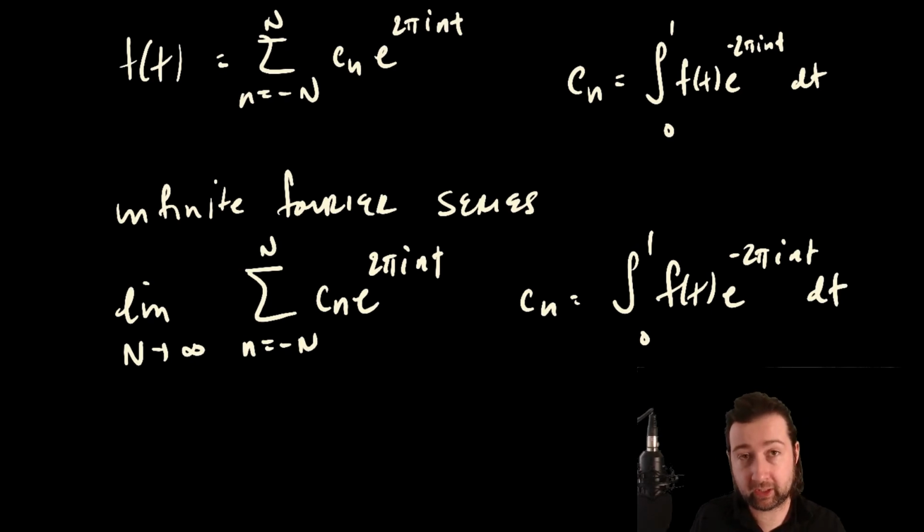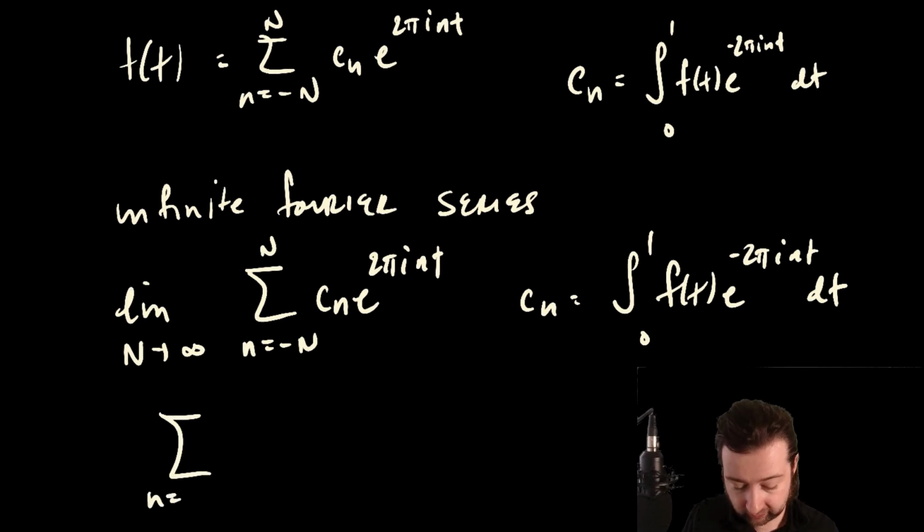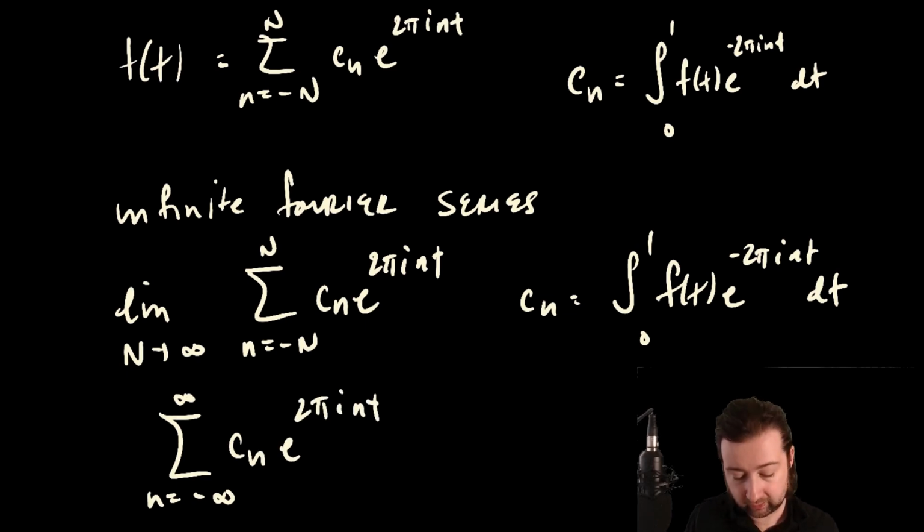There's a shorthand notation for what we've just written here, which is the sum from little n equal to minus infinity to infinity of Cn e to the 2 pi i n t. So these things are equal.